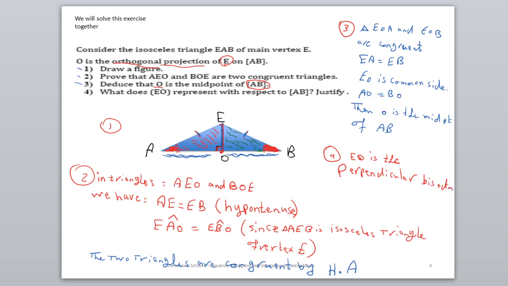What do you mean by bisector? Perpendicular, it's 90 degrees. Bisector, it cuts AB into two equal halves since O is the midpoint. So EO is the perpendicular bisector to AB, and that's done.